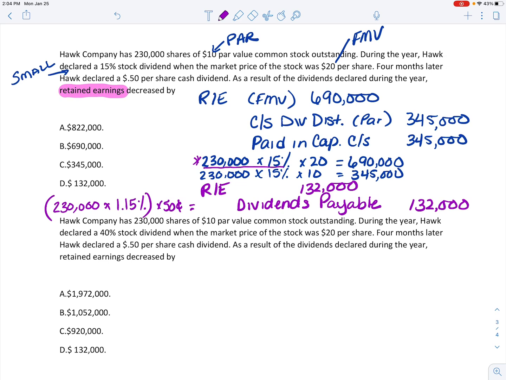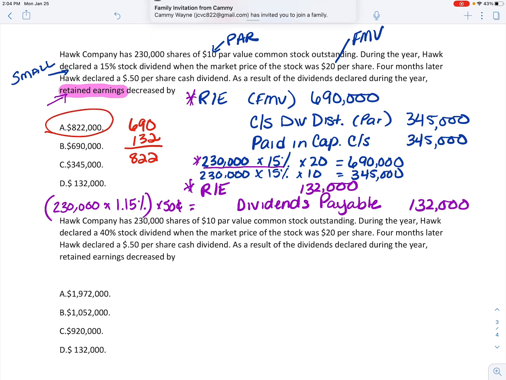Now they want to know, well, what impact do both of these transactions have on retained earnings? So I have to look, they both impact retained earnings, which means I'm going to add those two numbers together. And I should get 822.